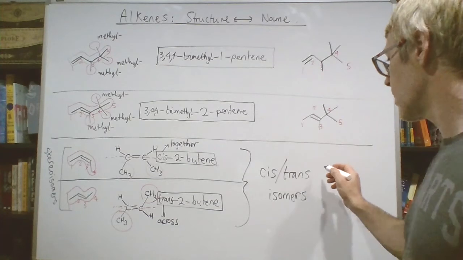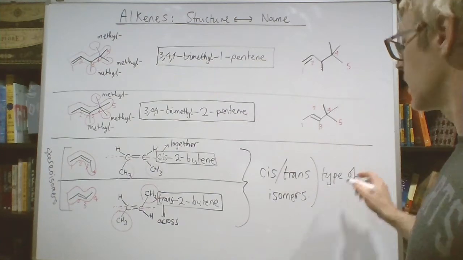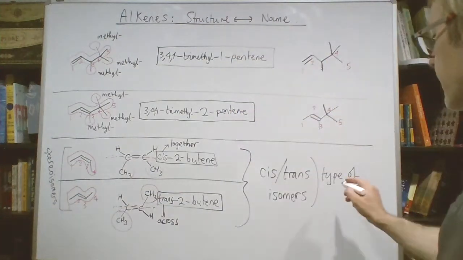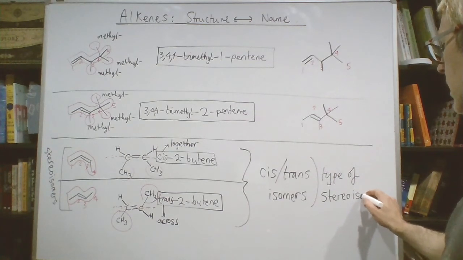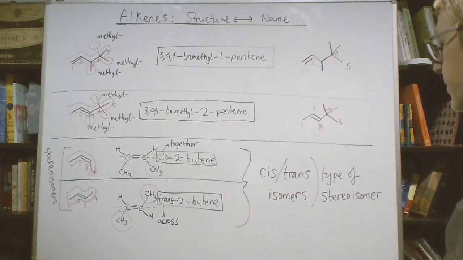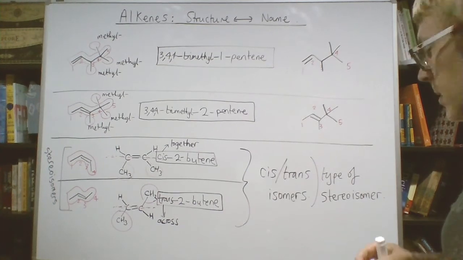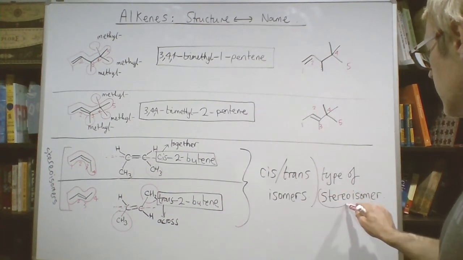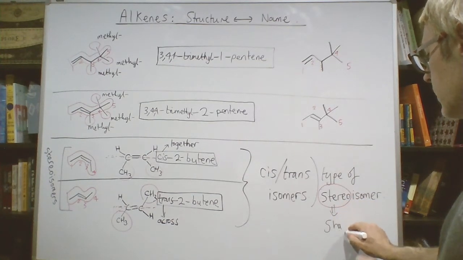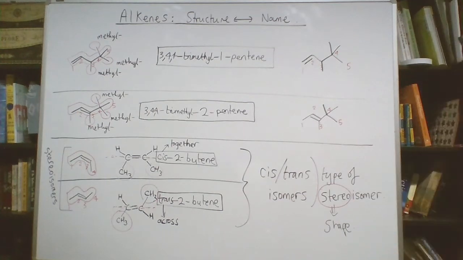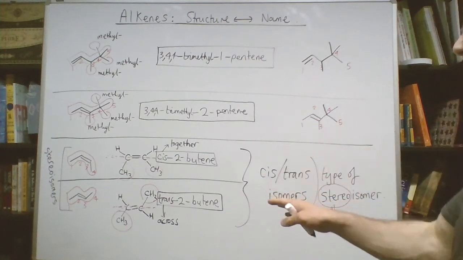Cis-trans isomers are a type of stereoisomer, where stereo is concerned with the shape. So shape similarities and shape differences, this is something to look out for.